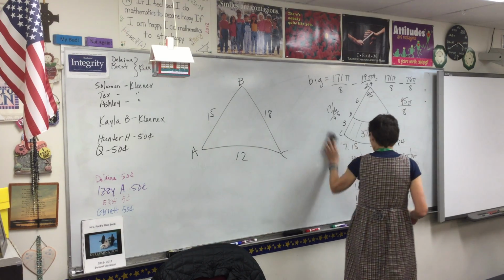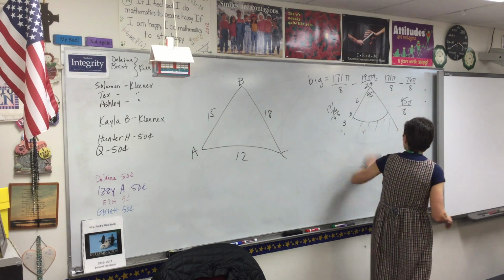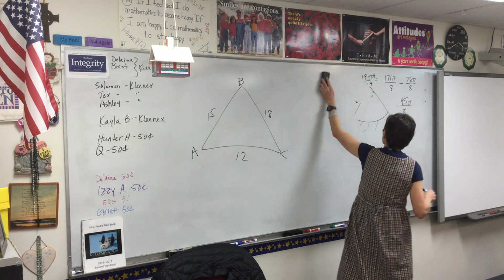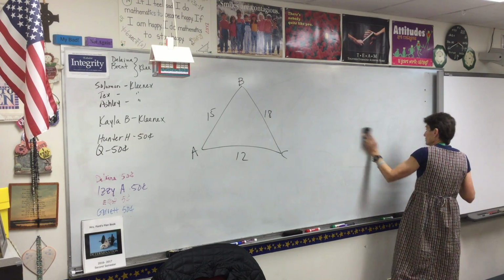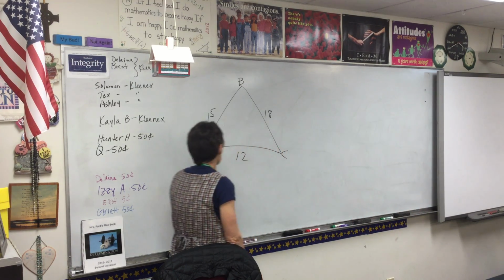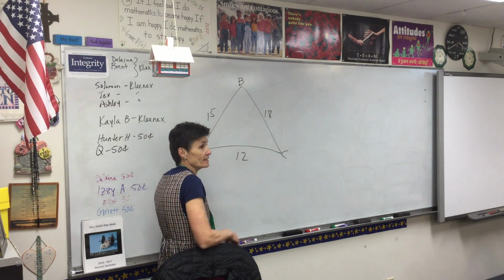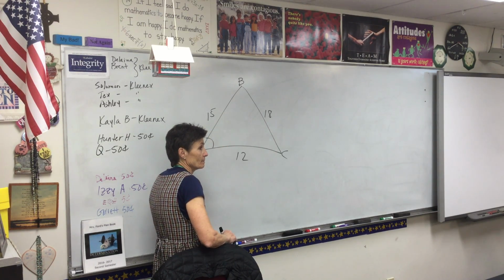Does it matter which angle you find first? No. So because we're all doing it together, we're just going to pick one. A, because we're A's. So A, we're going to find that angle right here.